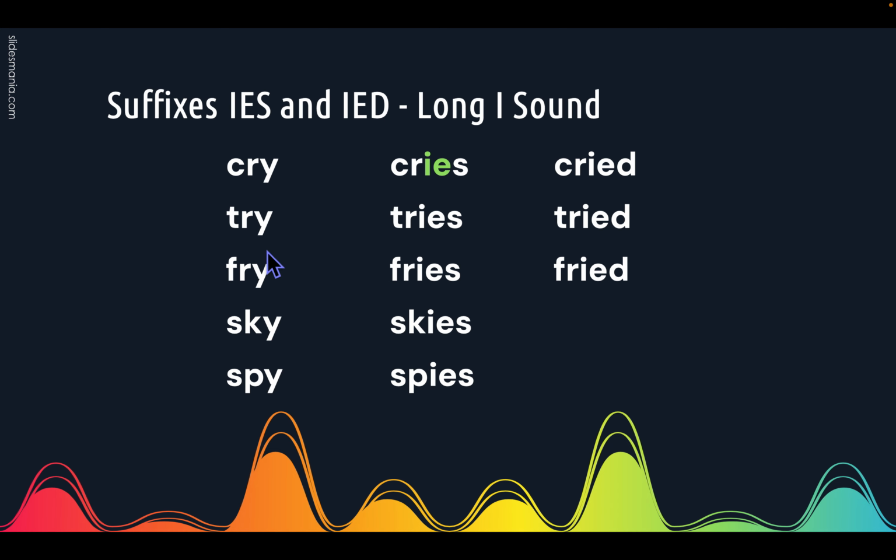So if your word is a short word that ends in Y, and the Y has a long I sound, then when you change the ending, the IE is also going to have the long I sound. For example, here we have the word cry. We change the spelling, the Y becomes an IE, but the sound is the same. So cry, cries, cried. Try, tries, tried. Fry, fries, fried.